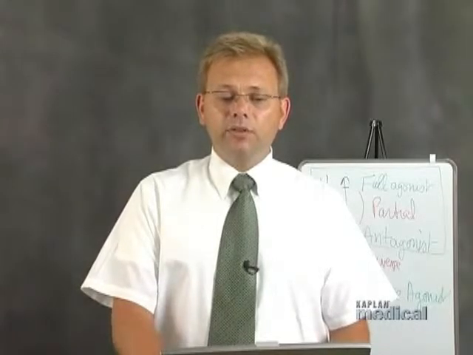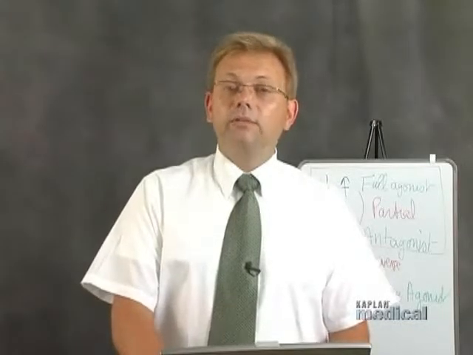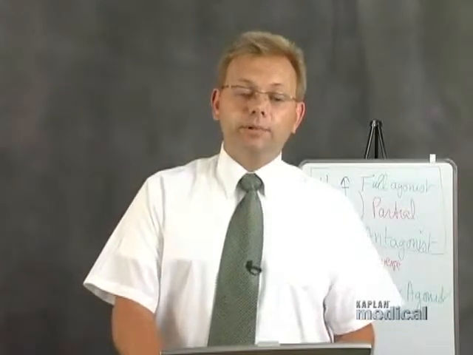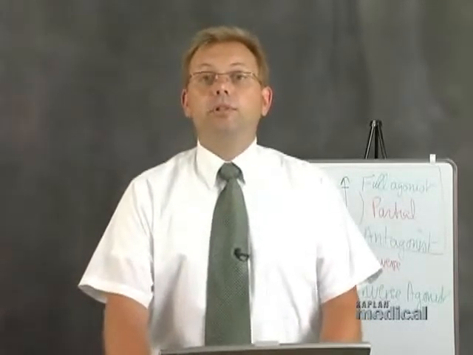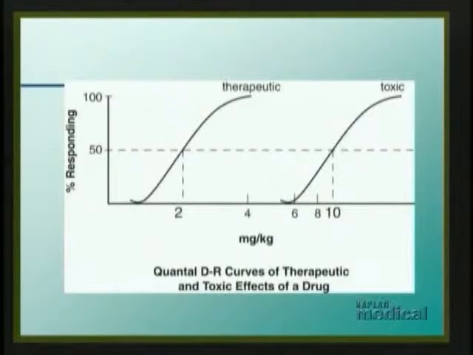And indeed, the larger the value, the more spread out the doses that are toxic in half that population are from the ones that are efficacious in that population. There is no better way but looking at a diagram here called quantal DR curves of therapeutic and toxic effects of a drug. Looking at a diagram will show you very well the spread between therapeutic doses and toxic doses.